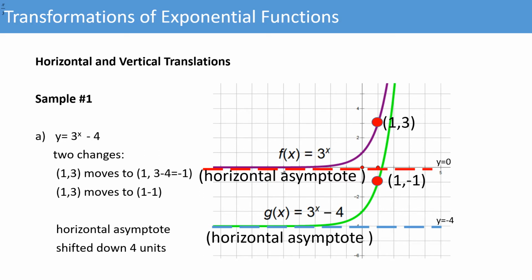The horizontal asymptote, represented by the blue dotted line, is now at y = -4, so it has been shifted down as well. And the point we had at (1, 3) has also shifted down to become (1, -1). So what we see that the negative 4 represents is a shift up or down by the number of units represented.